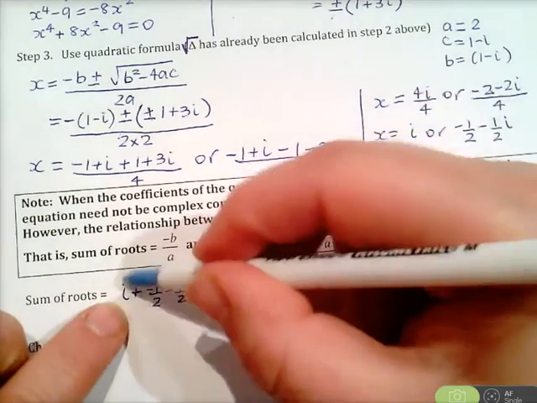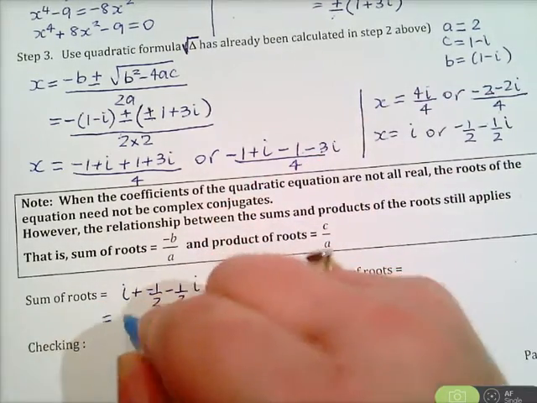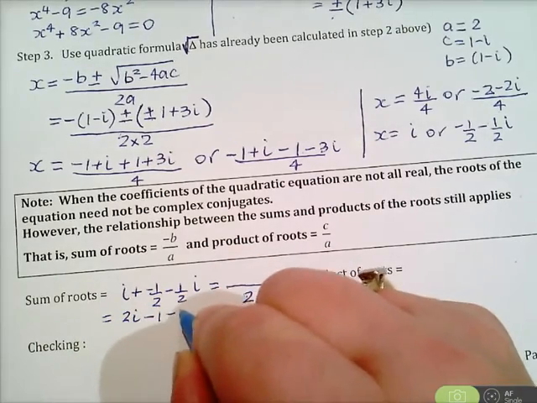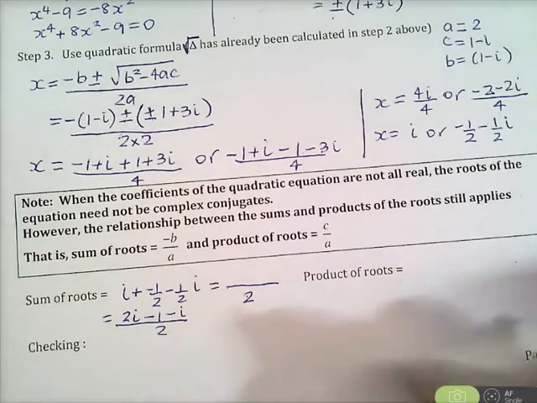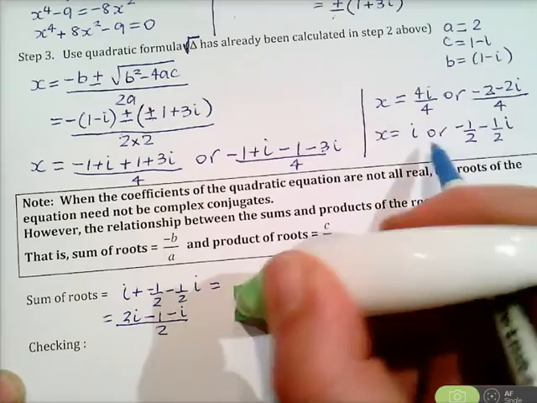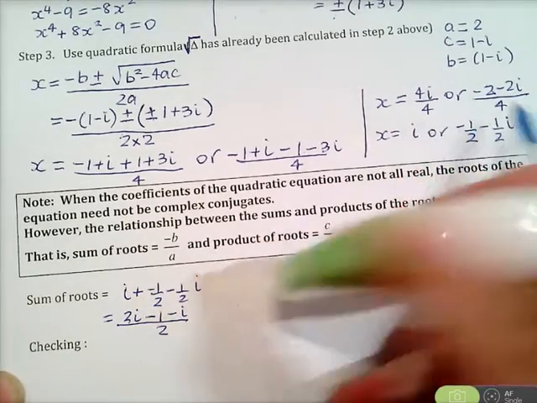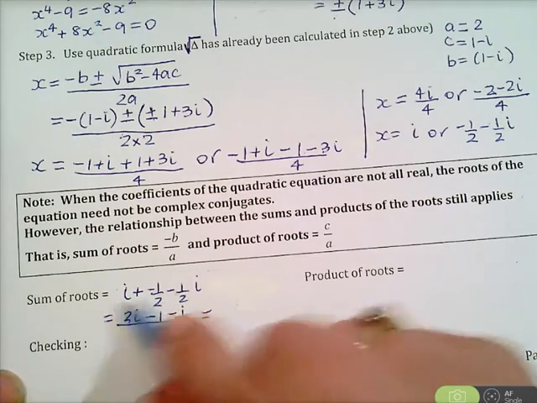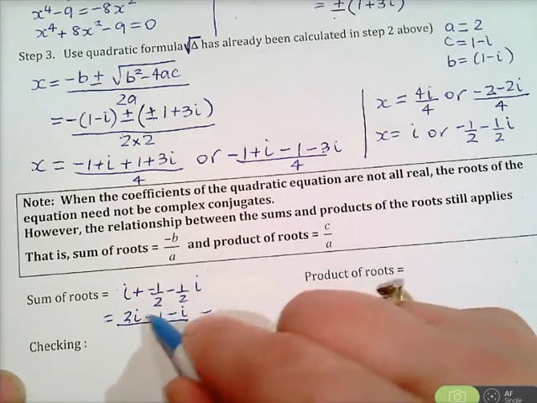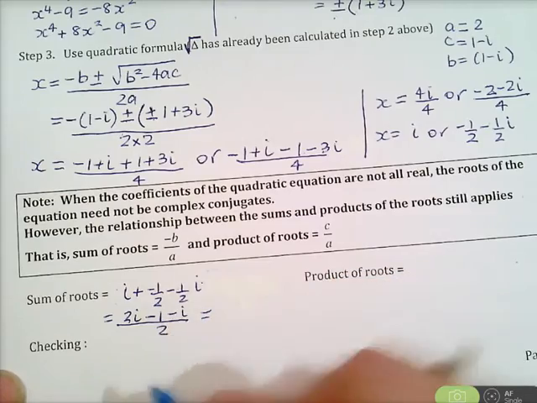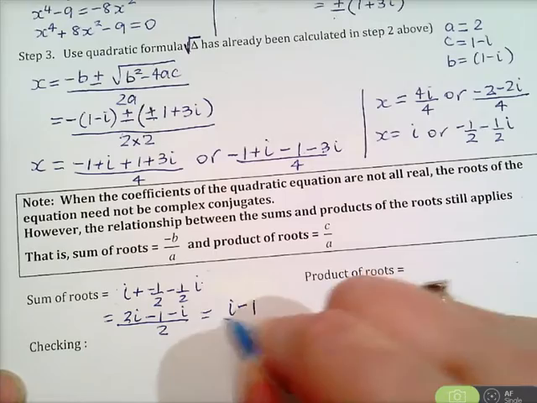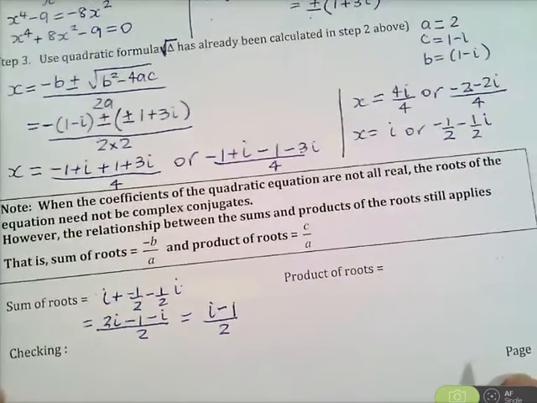So I've got 2i minus 1 minus i over 2. I'm making this 2i on 2. We've got minus 1 on 2, and we've got minus i on 2. So I've got 2i minus i is i, minus 1 on 2. That's my sum of roots, okay?